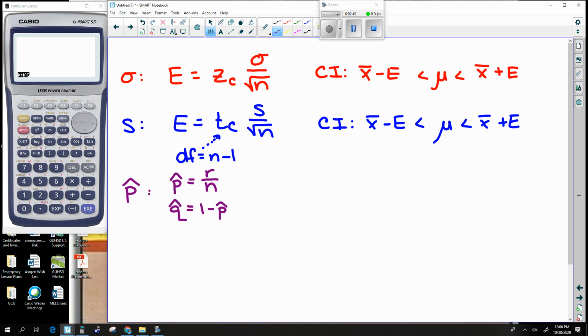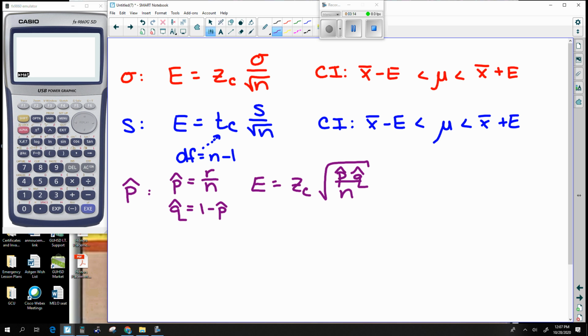And then here we go. We have the error, and that's going to be ZC. Again, you get that from the Z table and the confidence that you have. And then you have the square root of P hat, Q hat divided by n.